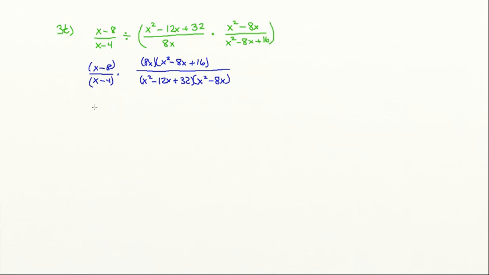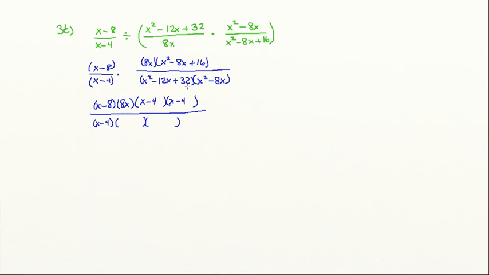Okay, let's factor. Those are already factored. x squared minus 8x plus 16. Two numbers that multiply to 16 and add to negative 8. Negative 4, negative 4. x minus 4 is already factored.